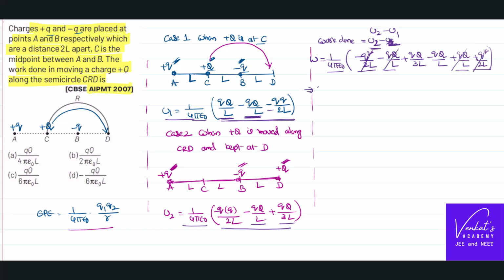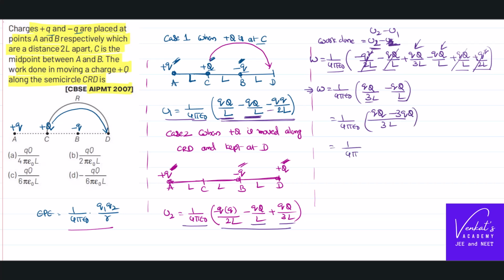That implies the work done equals 1 by 4 pi epsilon naught times the remaining terms: Qq by 3L minus qQ by L. That is 1 by 4 pi epsilon naught, taking LCM as 3L: qQ as it is, and for the other term 3 becomes a multiplication factor, minus 3qQ.